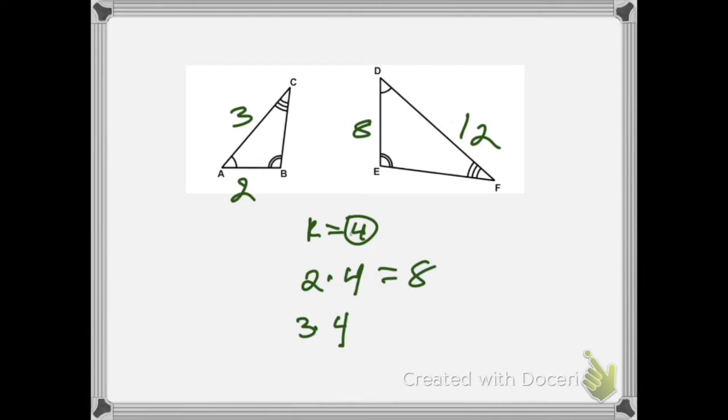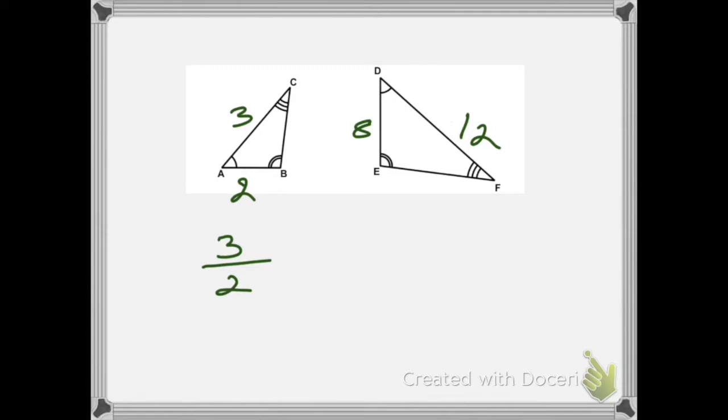All right, well, that means that we should be able to set up a proportion. If these two triangles are similar, like we said, we should set up a proportion. And our proportion says that 3 over 2 should be exactly the same as 12 over 8, right? And is that true? Well, this one doesn't reduce anymore, but this one does.